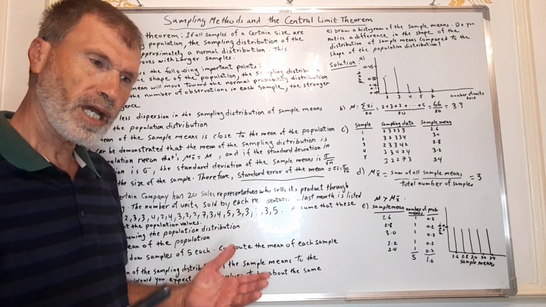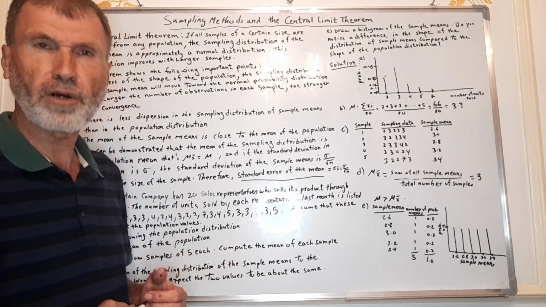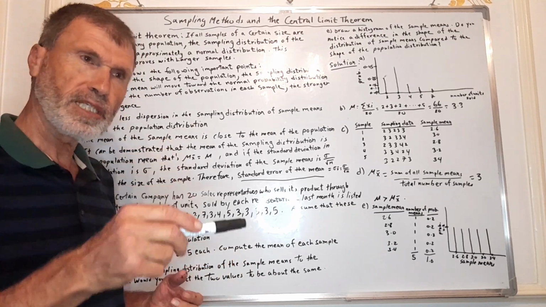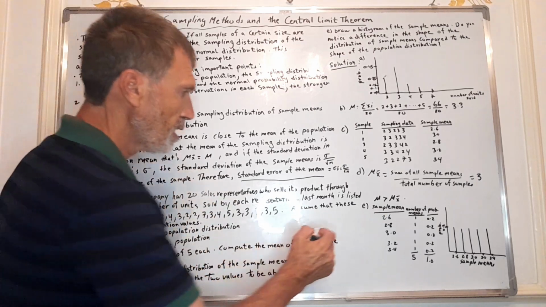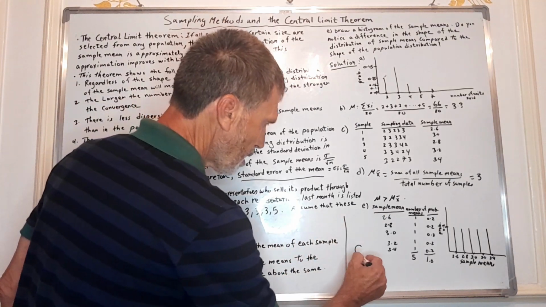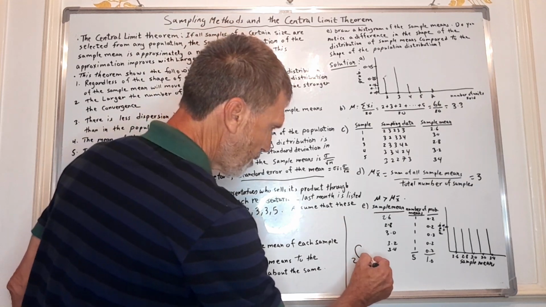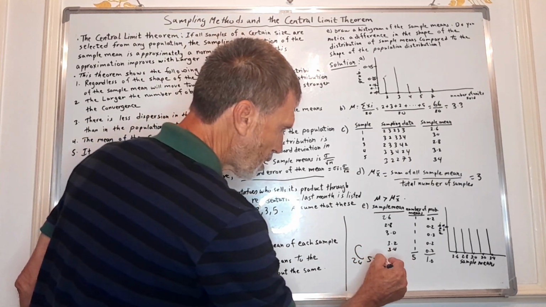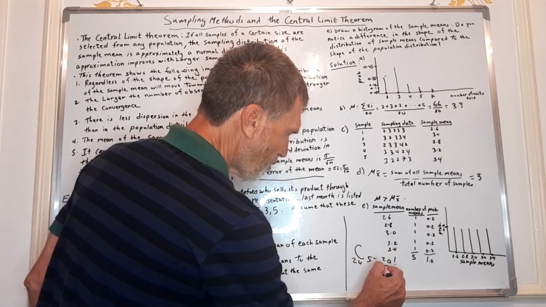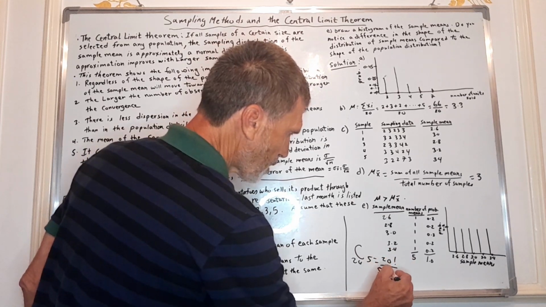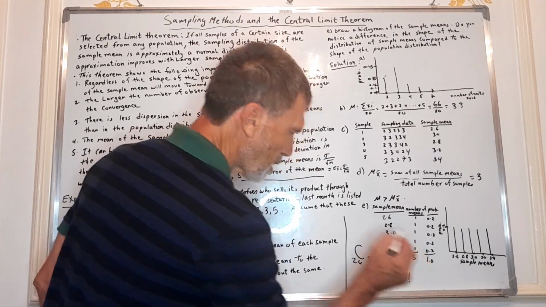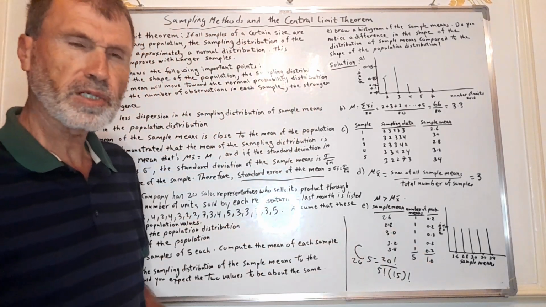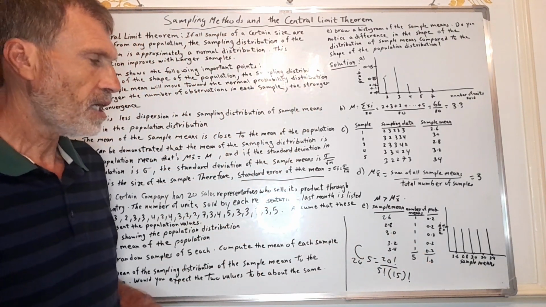Of course, we're going to use the combination formula, which is C(20,5), which is equal to 20 factorial over 5 factorial times 15 factorial. If you calculate this one, you're going to have a large number.